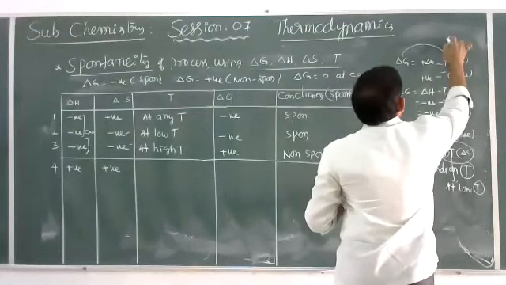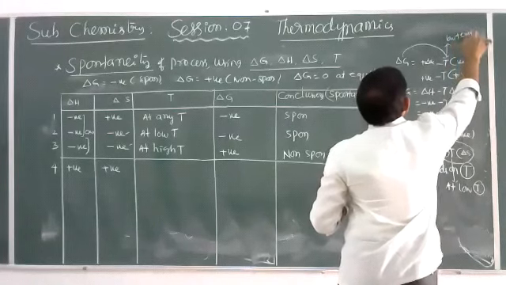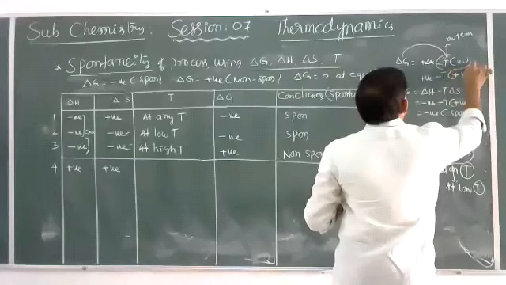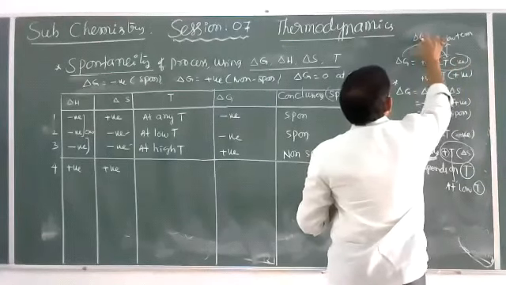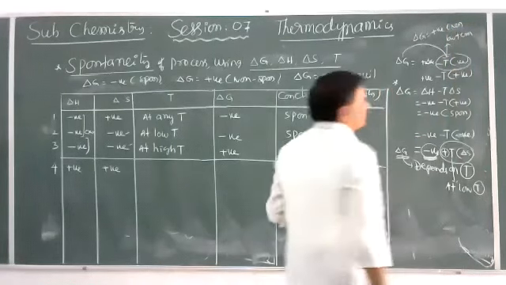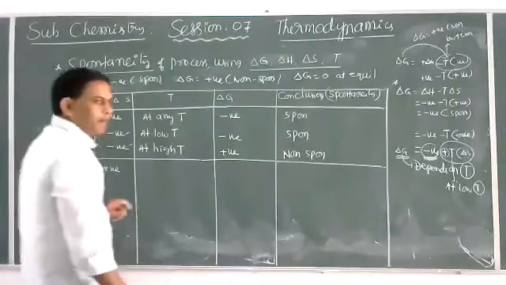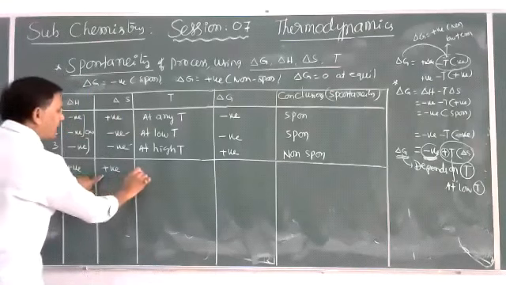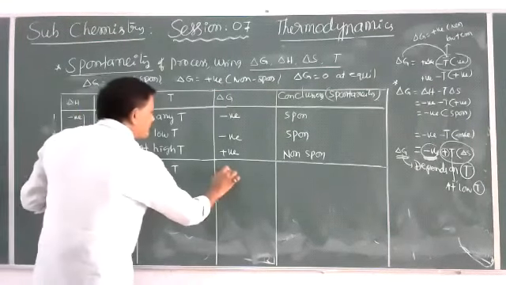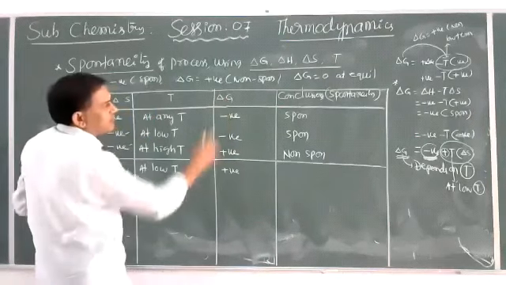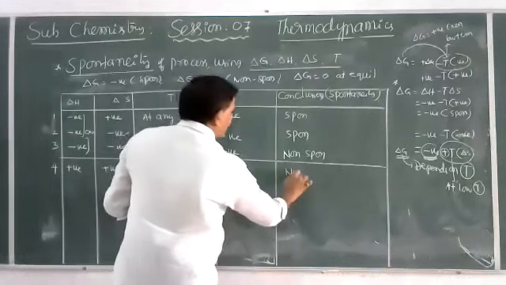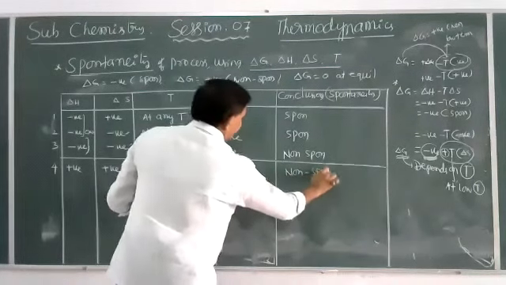Now at low temperature, the negative value is small, so delta G becomes positive, that is non-spontaneous. Clear? That's why at low temperature this value is positive, because the subtracted value is less. That's why it is a non-spontaneous process.